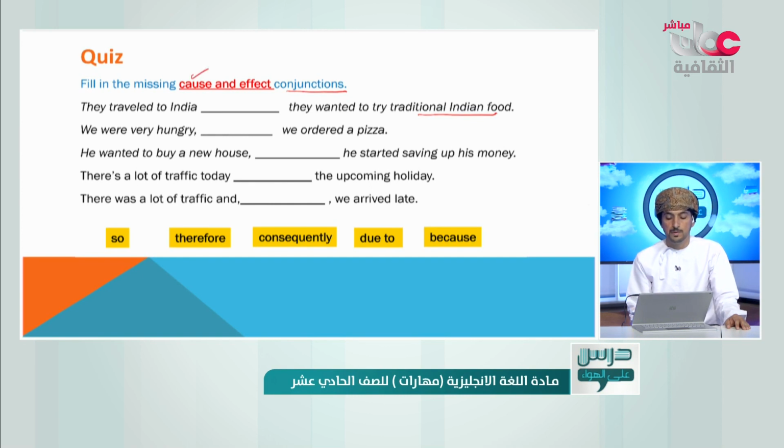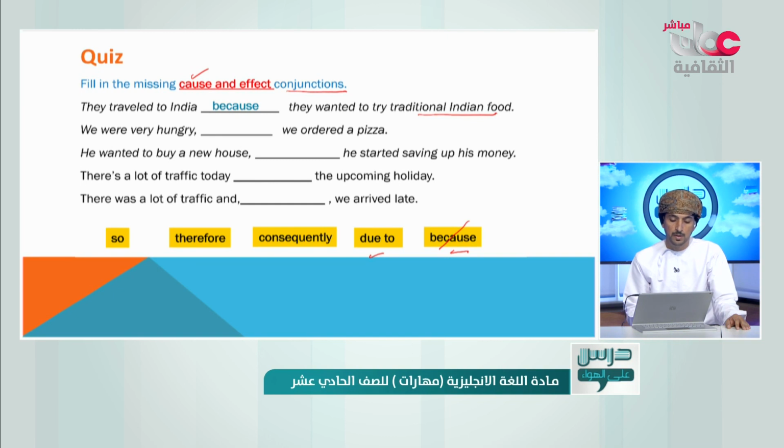So you have to use due to or because. Which one can we use here? Remember that after because we use a complete sentence or a clause, and after due to we should have a noun phrase. Do we have a noun phrase here? No. So the first one is because.